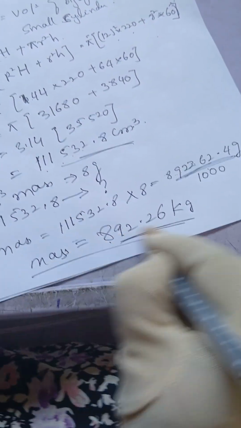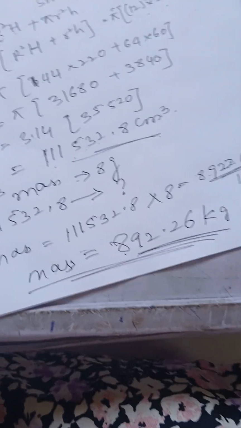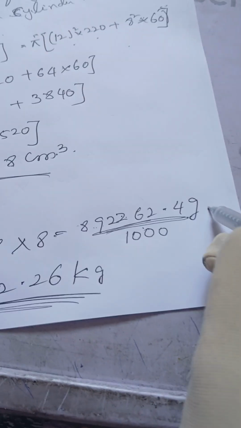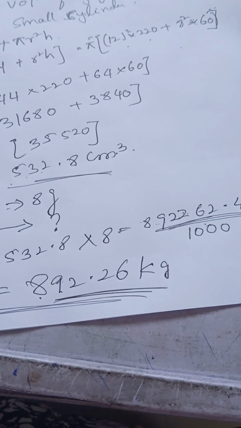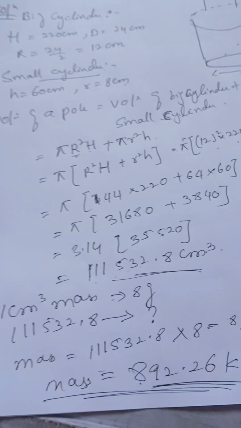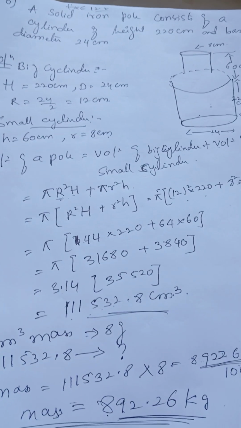So the total mass of the pole is 892.26 kgs. If you want, you can keep it like this also, but it was not looking good, so large value, so I have made it in kgs. Is it clear, everybody? Hope it is clear for you all. Thank you.